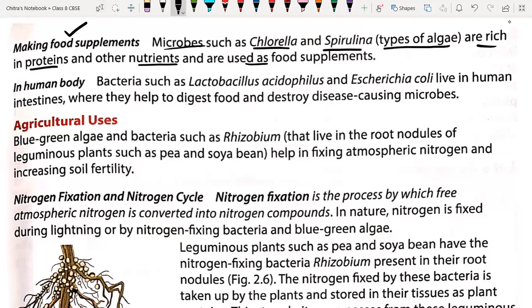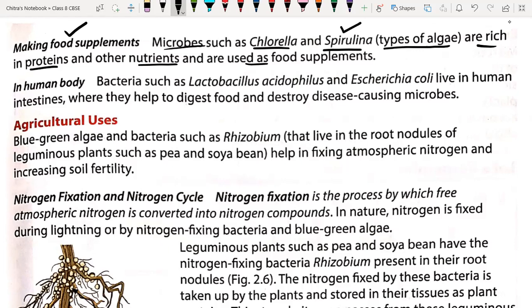Hence, they are used as a food supplement. So in the market, you will find most of the medicine-providing industries providing spirulina-containing tablets also. Okay, they contain spirulina as a nutrient.